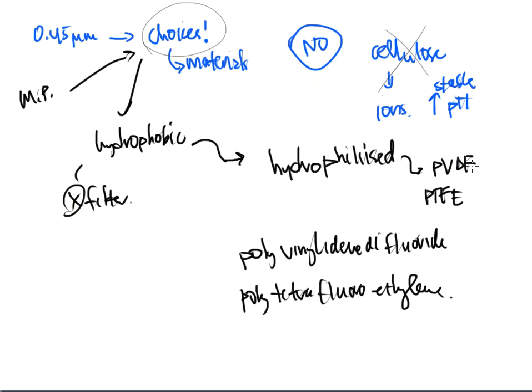So PVDF or PTFE, those are the ones that you would probably want to gravitate toward. They're typically the cheapest. If they're modified and hydrophilic, then they will take your aqueous mobile phases, and that requires a little bit of modification on the company's part. So just make sure you see that word hydrophilic on the container, and you will be perfectly fine when it concerns filtering these mobile phases through the system.